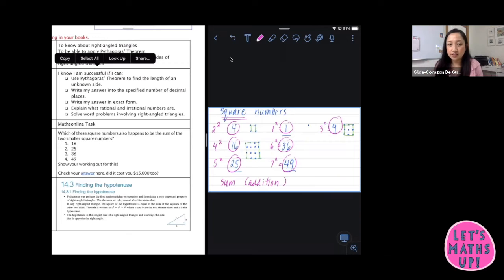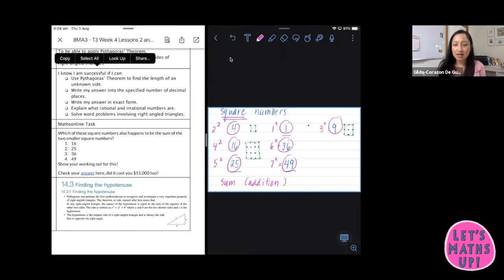Which one is it? And I don't have $15,000 to give to anyone who finds out the answer, okay? I'm so sorry. 16 and 9, yes, are square numbers. And when you add 16 and 9, what do you get? 25, yes, and 25 is a square number. So which one is the answer there? It would be the second option, 25, okay?